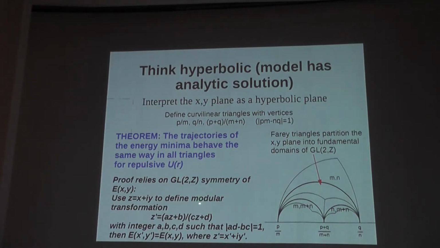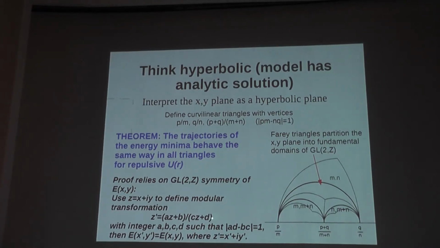What you can do, and that simplifies your analysis a lot, is to make an observation that because these curved domains are so suggestive of hyperbolic geometry, you can ask whether there are hyperbolic translations, and hyperbolic translations are these fractional linear transformations where you have to take x and y and make a complex number out of them, like this, and then do a fractional linear transformation of a complex number.